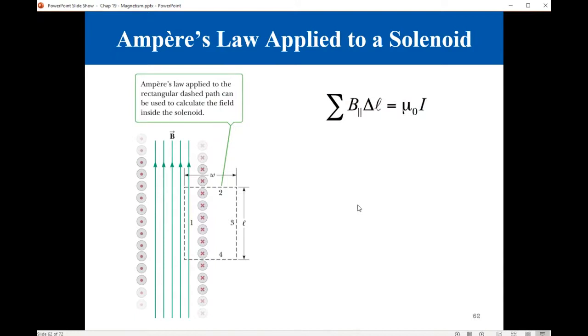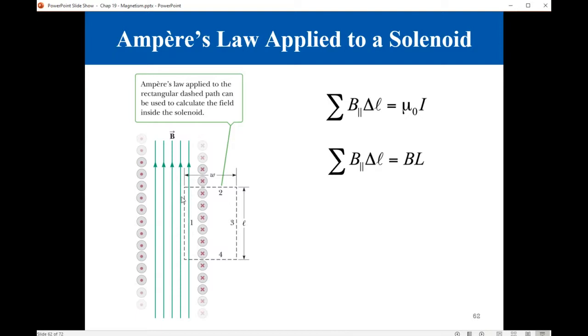This is how we may derive the magnetic field equation for a solenoid applying Ampere's law. If you take any closed path like this path here, the field for this segment and that segment cancel each other. The field outside is assumed to be 0. So we end up with just this segment inside the solenoid.